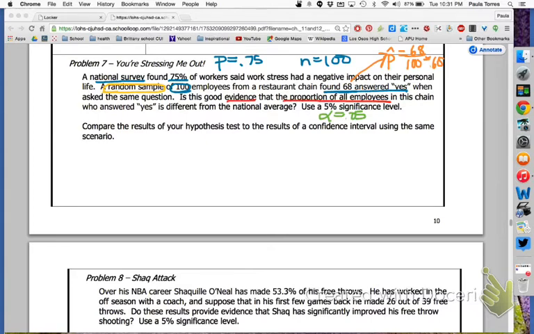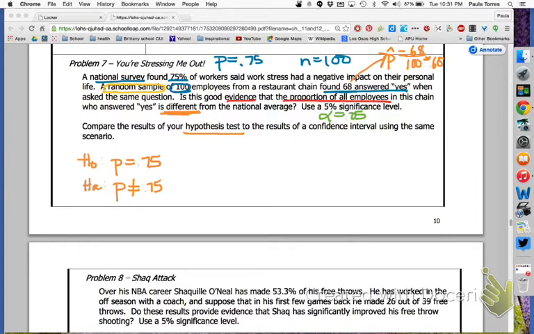So now as I do my hypothesis test, I'm going to have, of course, a null and alternative. The null is that we're not different from the national average, meaning that our proportion should be 0.75. And the alternative, since it says different from, that would of course be a not equal to.